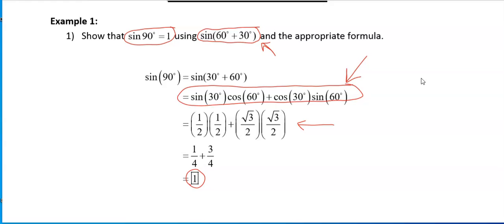One is called the 30-60-90 triangle, and the other is the 45-45-90 triangle, and knowing what the ratios are amongst all three sides in both of those triangles. You don't really need that for this. You could just go ahead and use decimals, for example, here, and you'd still end up with a result of 1. Okay, so just kind of a neat little problem, just to show you that it actually does work.